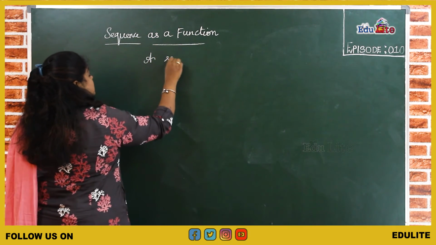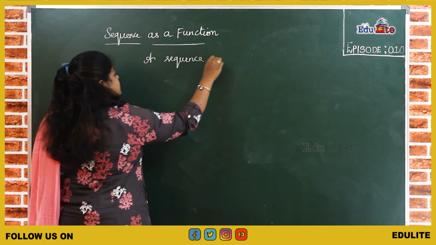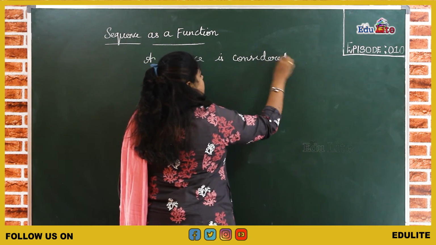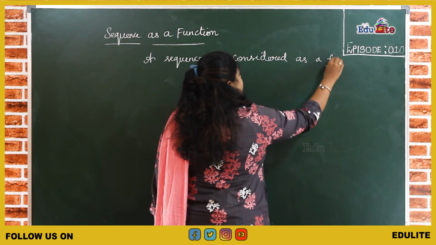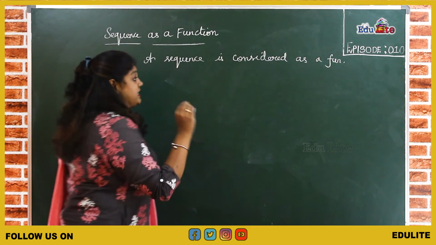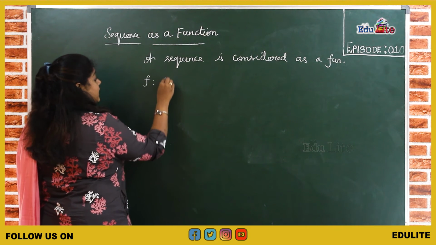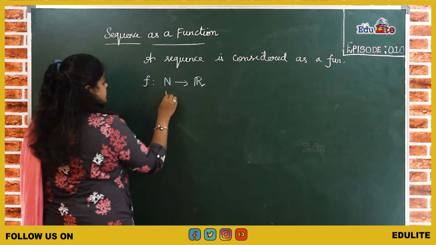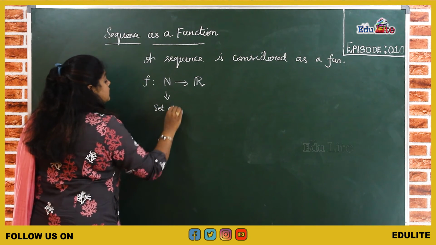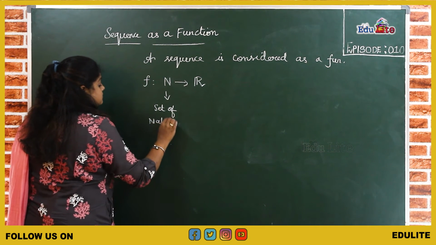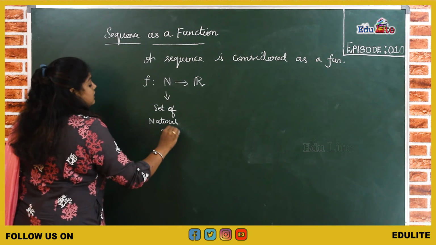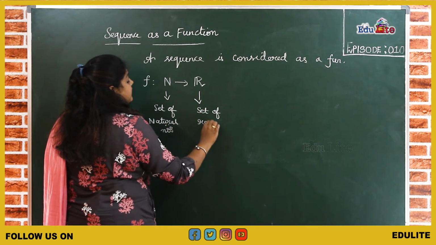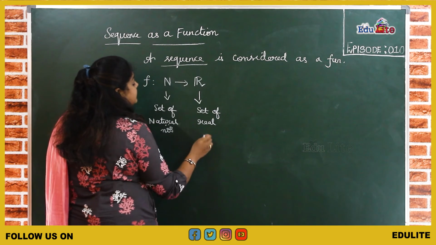A sequence is considered as a function when f is a mapping from the set of natural numbers to the set of real numbers. Then it is called the sequence as a function.